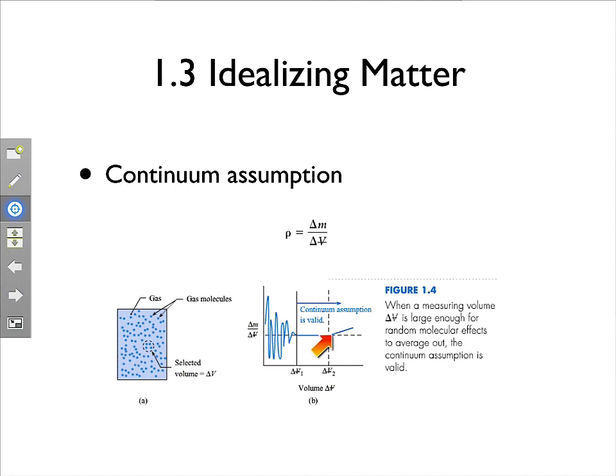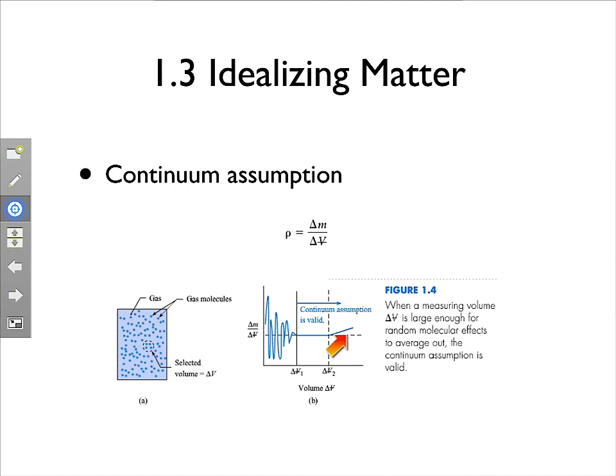Now the interesting thing is, what if there was a density variation in this particular gas? Say it was higher density down here than up here. If we chose a very large volume, a very large sphere for our volume, the density actually might go up, or it could stay constant if there was no density gradient across this, or it might actually go down if we started off with our sphere up here in the low density fluid and then it started to include some more high density gas.